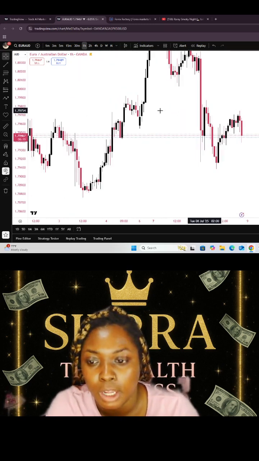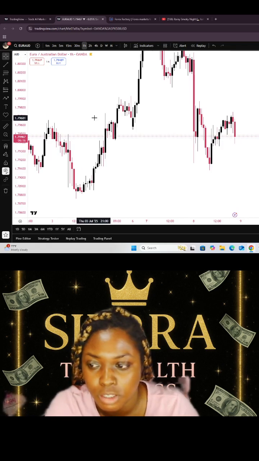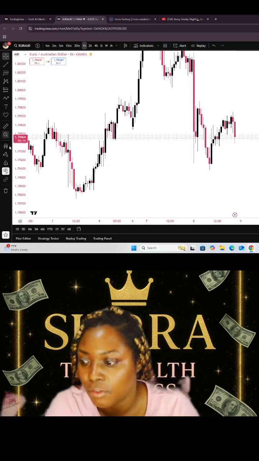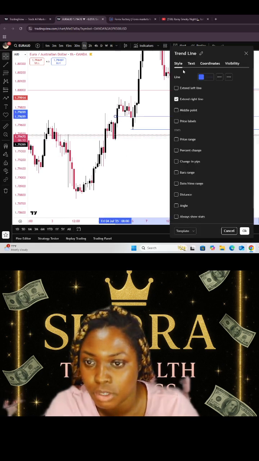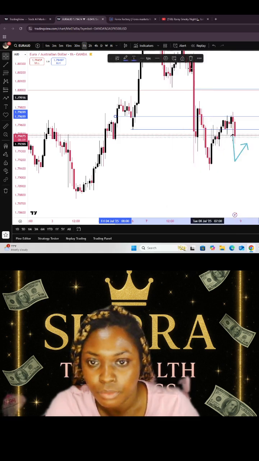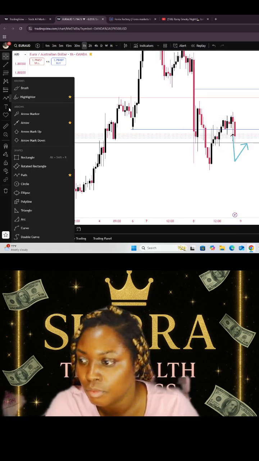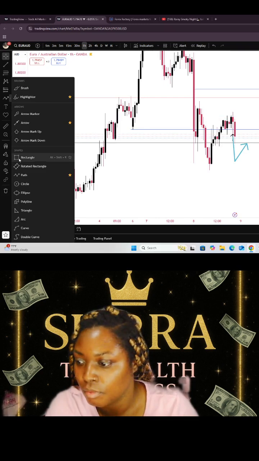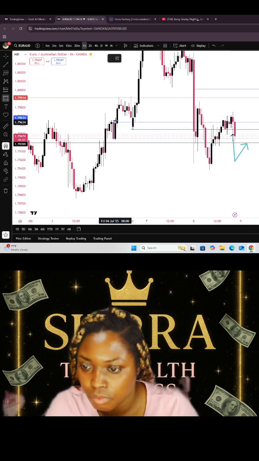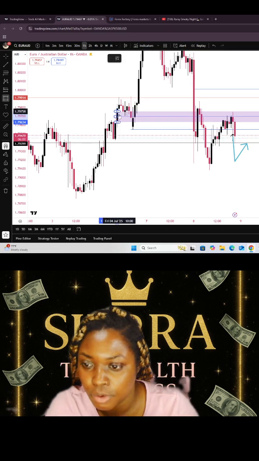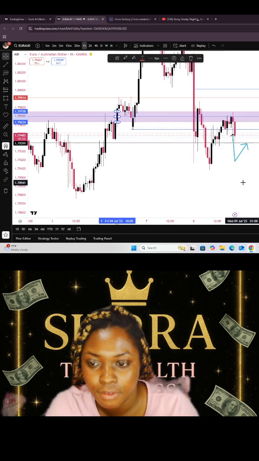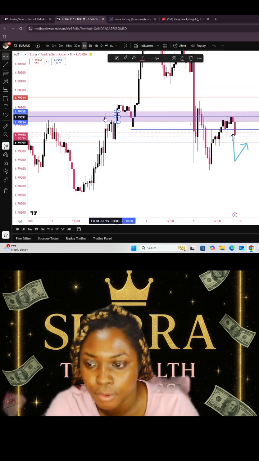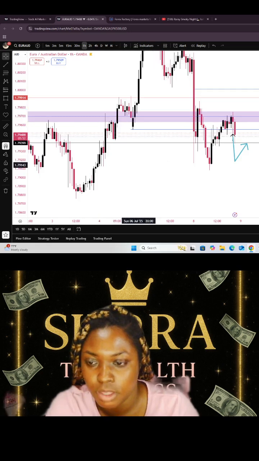So you want to look left to see what could be causing this rejection. And then if I put my chart back up and I do this zone again, and I keep it purple and extend it to the left, if you look over here on the left, we also got rejection within this area.